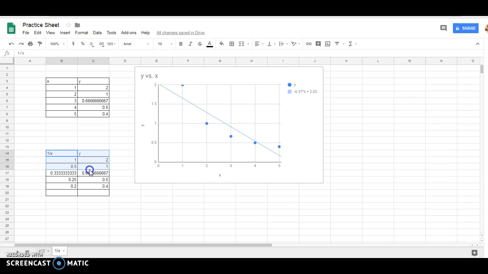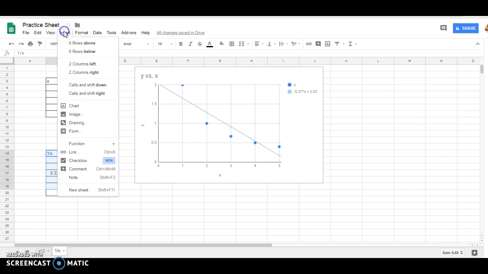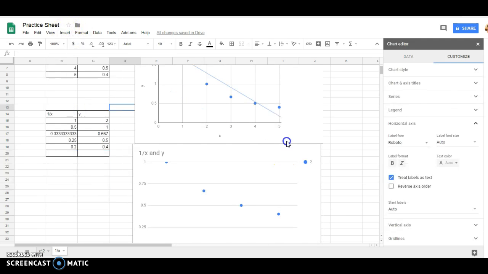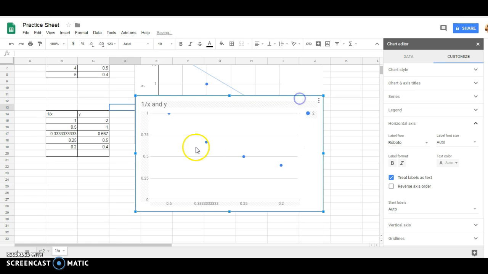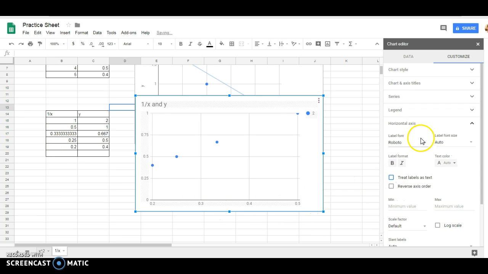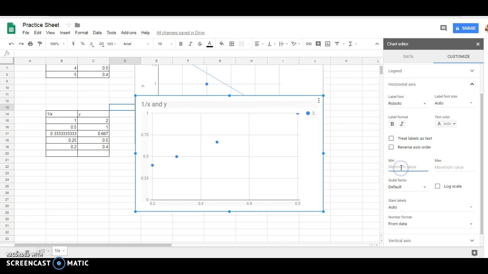So if we decide to graph this, we're going to get something like this. So we have our y values to 0.6, 0.5, 0.4 over here. Same values over here on the x. We're going to just clean this up. Set our zeros.